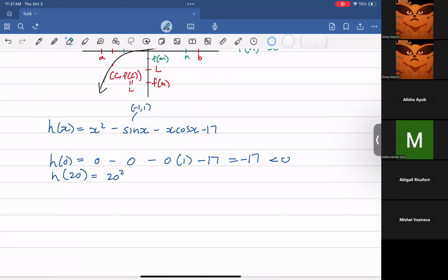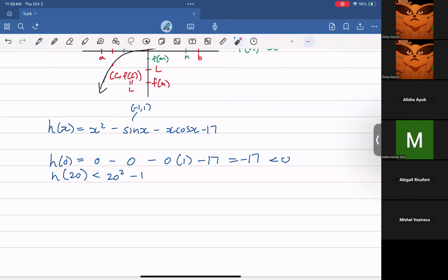I'm going to use this inequality here because I don't know exactly what sine of 20 is, but it's going to be at most 1, right? So when you're subtracting 1, that's the worst amount of damage that sine x can do.